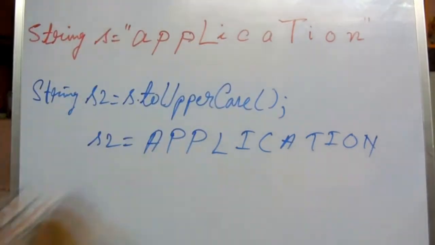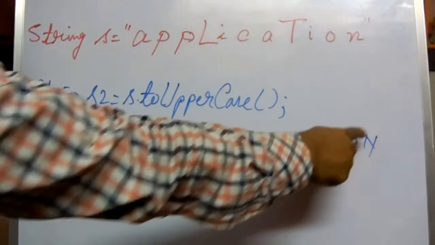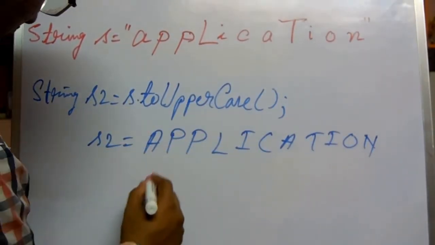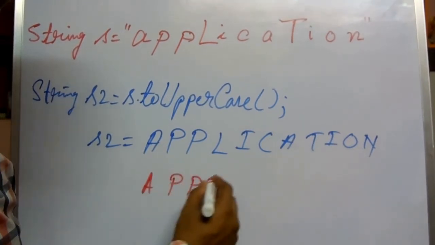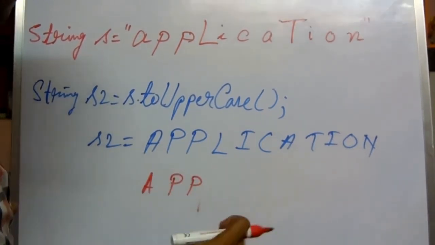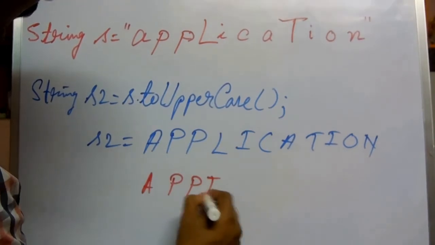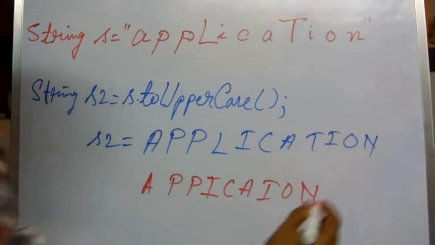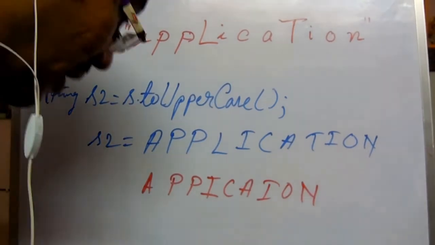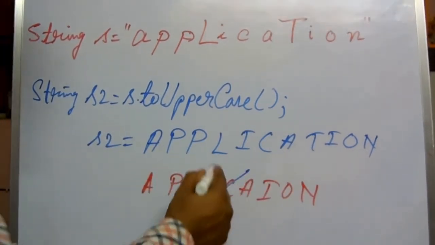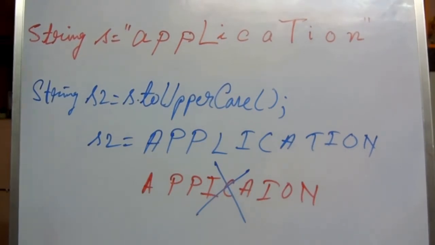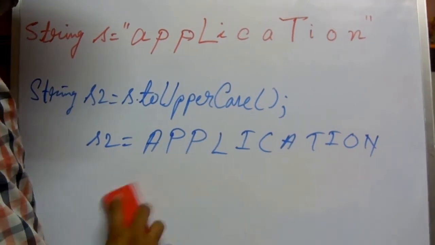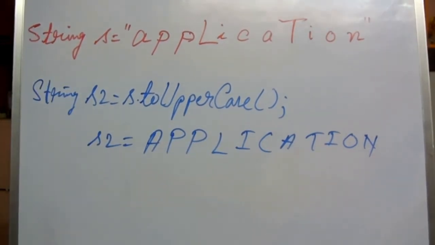It will return in this composition. It will not return in this way, A, P, P, I, C, A, I, O, N. This is wrong, remember. So this is the right one. Understood? So this is the use of toUpperCase.